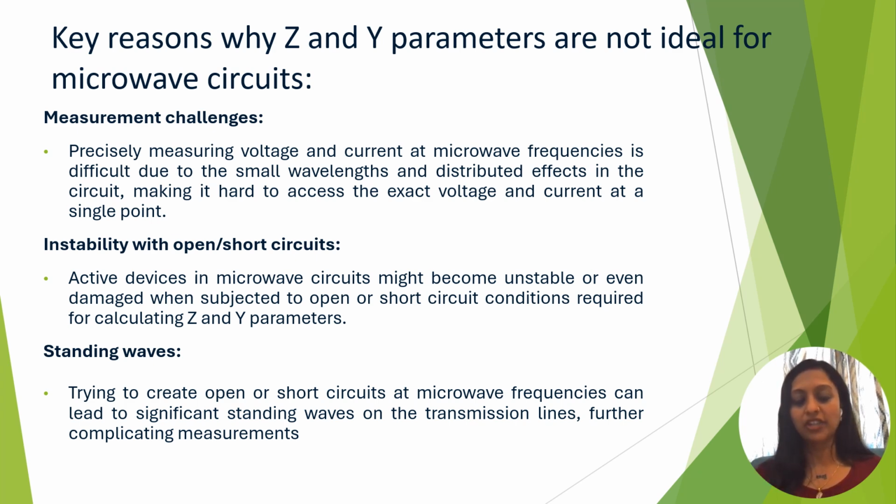This complicates my measurement again if I have to do it with respect to voltage or current. Hence, we moved into scattering. So what are standing waves? Standing waves are usually characterized by VSWR, the voltage standing wave ratio. We measure that, and we will discuss it specifically in the next coming slides.